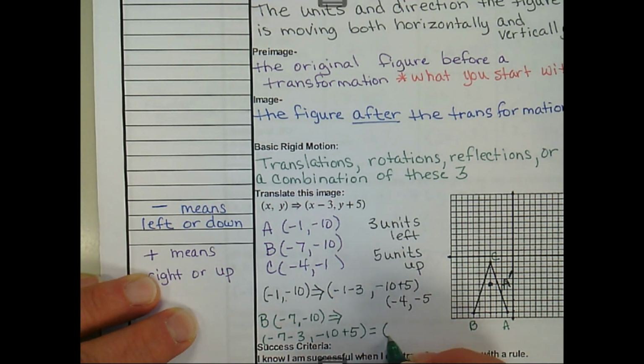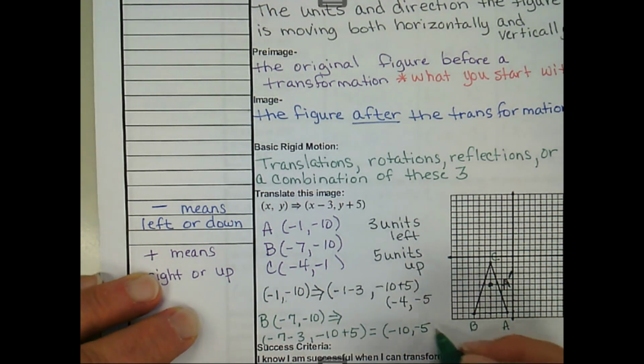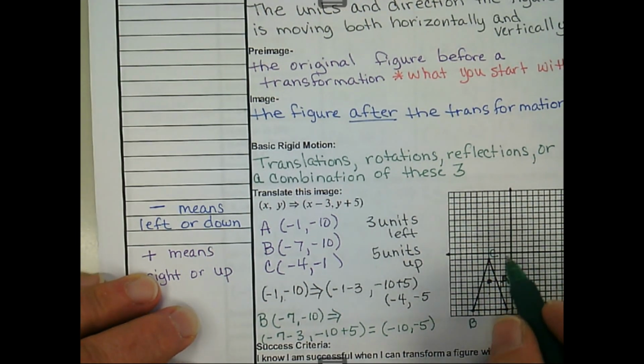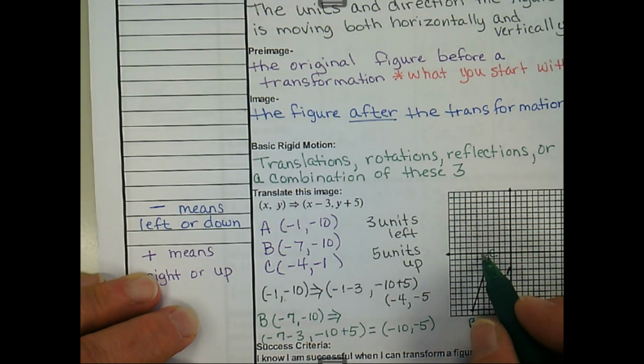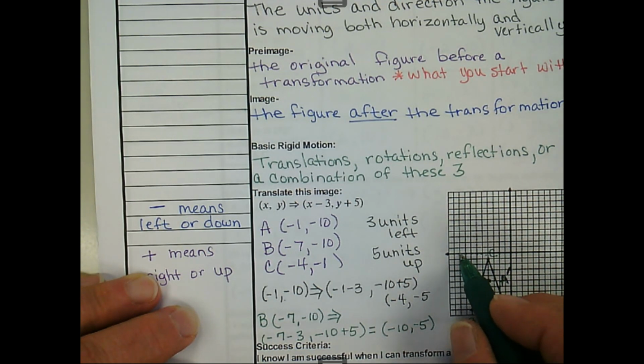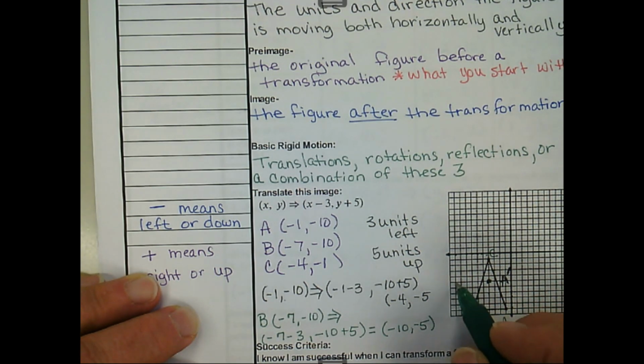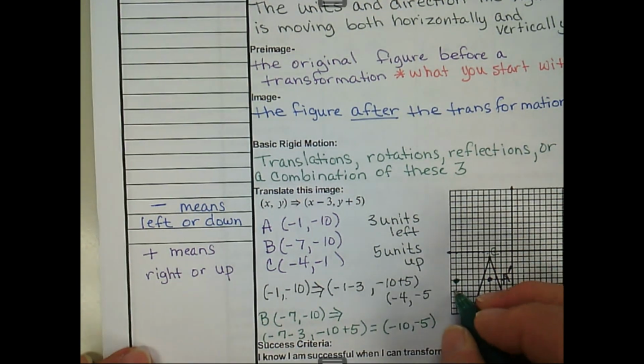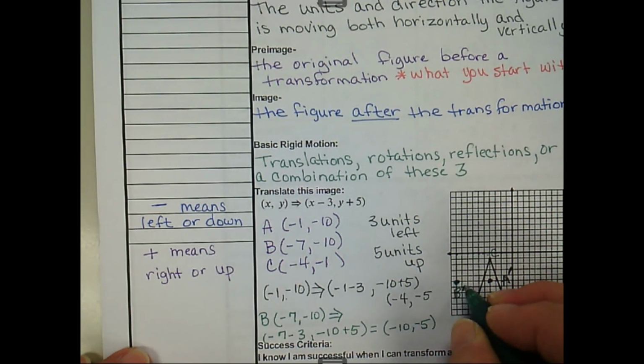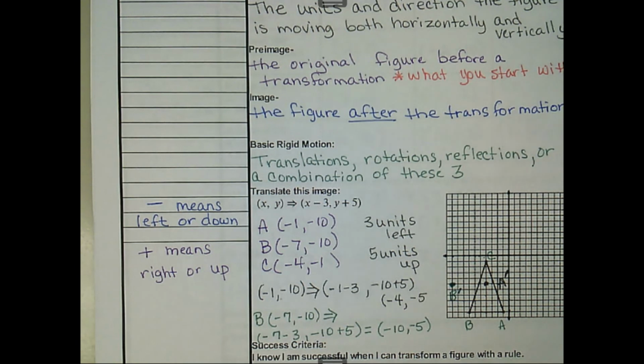That gives me the point -10, -5. So -10, 1, 2, 3, 4, 5, 6, 7, 8, 9, 10. -5, 1, 2, 3, 4, 5, and it is right here. This will be B prime. Prime means it's your second, that you've done everything.